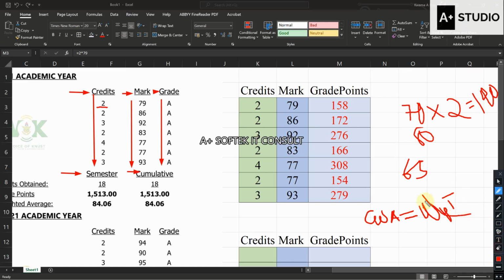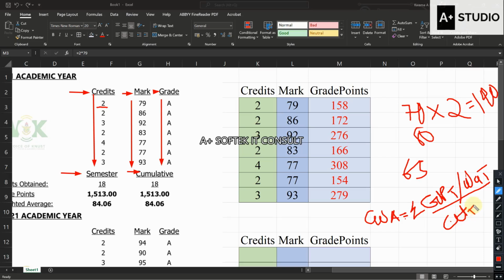Let me clean this, let me write it again. It's going to be the sum of the grade point total, or let me say the weighted average total, divided by the total credit hours.